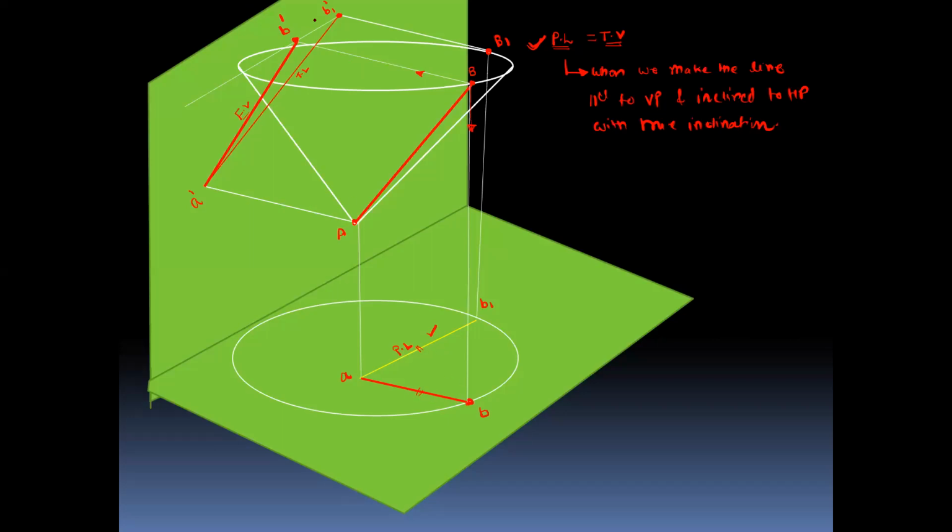You can observe here this B1 dash and B dash both lie in the same horizontal line, because we are just changing the angle of point B and point B1, but they lie in the same horizontal plane if you observe from this direction.